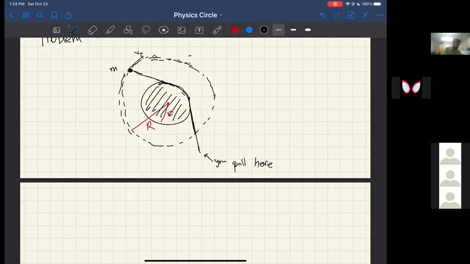So you pull such that m moves in a circle of radius r. What is the speed of m as a function of time? It's a bit of a strange problem setup, but hopefully it makes sense.